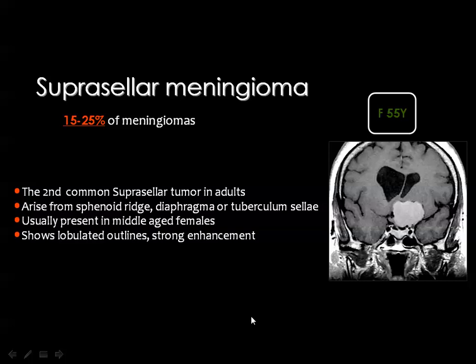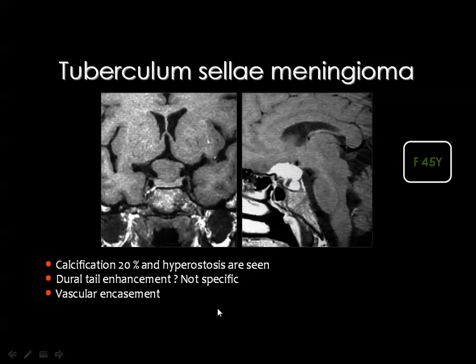Similar to any other meningioma, the tumor will show homogeneous post-contrast enhancement. It will show a lobulated outline. It may contain calcium. It may be associated with an enhancing dural tail, and may also be associated with bone sclerosis of the adjacent bones.